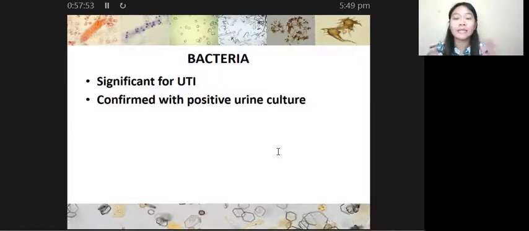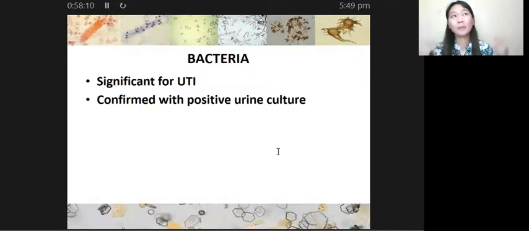It is a normally sterile body fluid. So that means nagkakaroon lang po siya ng bacteria if, for example, the patient is suffering from urinary tract infection, or if, for example, the urine was contaminated.